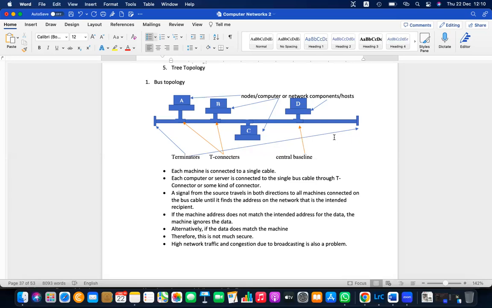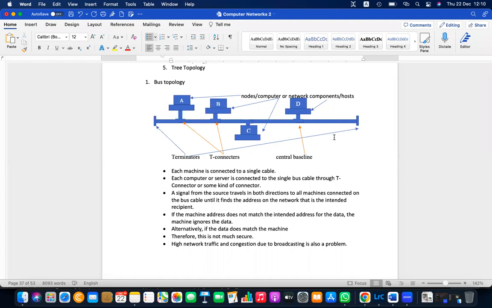CD is collision detection. CSMA-CD is carrier sense multiple access with collision detection. It will detect the collision, the fight or the accident, and announce to all the nodes: hey nodes, there was an accident. Please wait some time and send the data. So all the nodes will be notified.